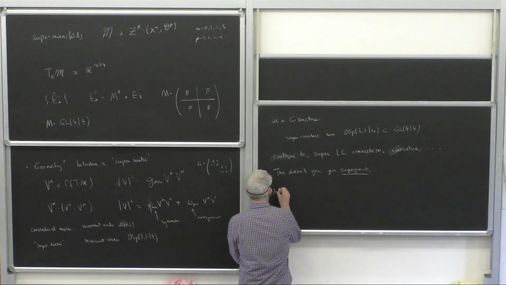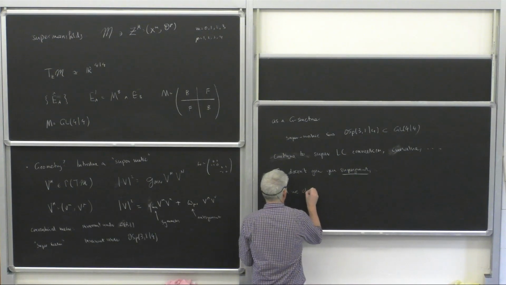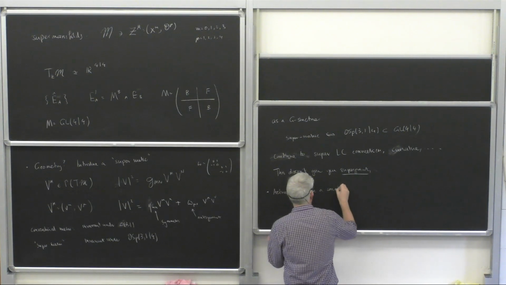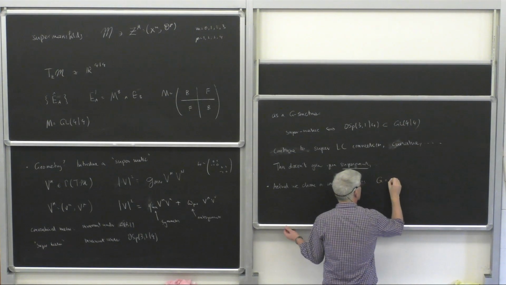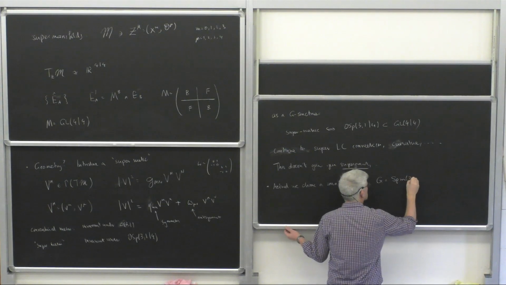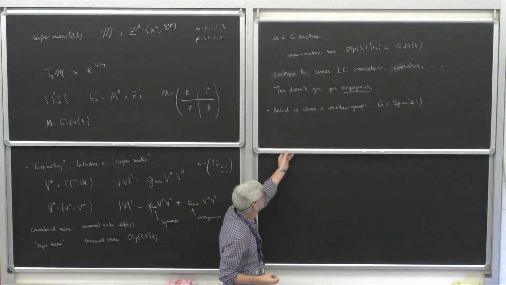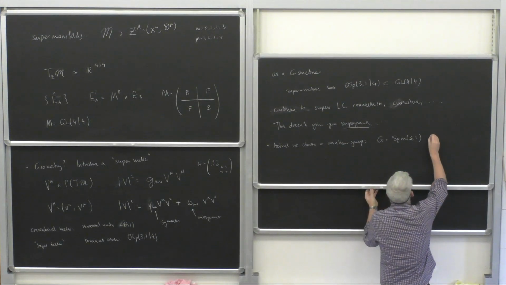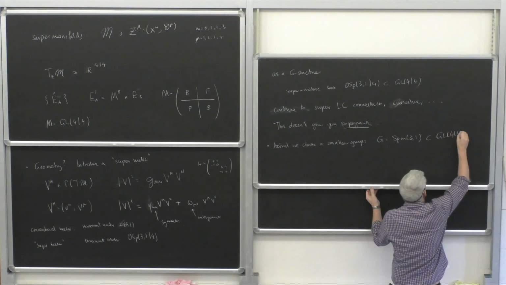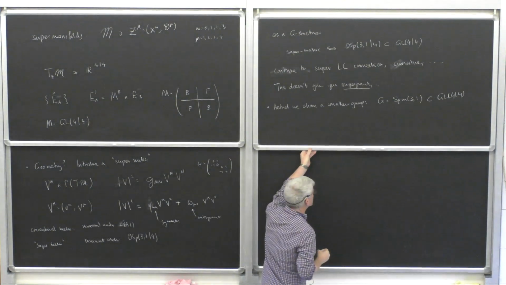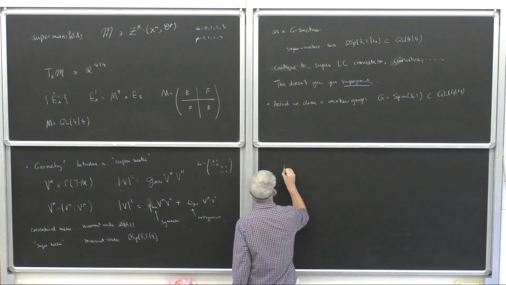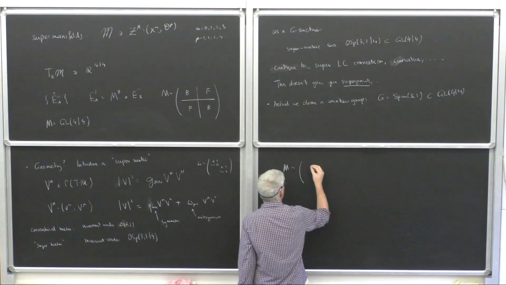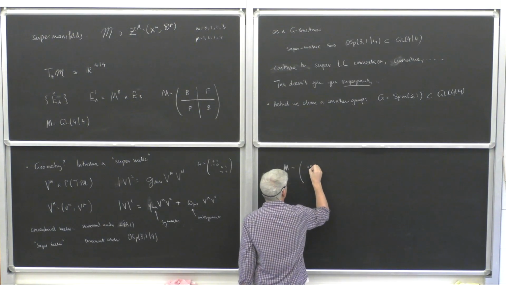so actually, we choose a smaller group. So we actually just choose the Lorentz group again, inside this general linear group. And we do that by taking matrices of the form that look like, so here they look like the vector representation.